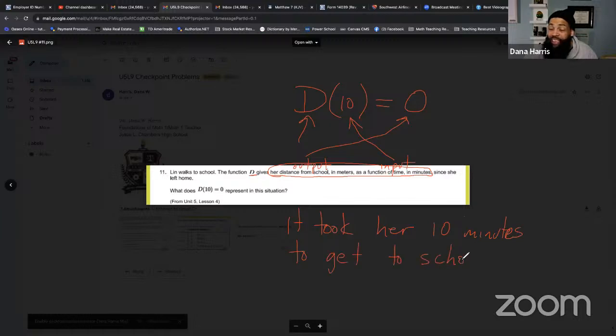Now, we can say this in technical language where we can say something like, after 10 minutes, she arrived at school, something like that. But remember, the 10 represents the time, so that's 10 minutes. And then the 0 represents how far she is from the school. Well, if she's 0 meters away from the school, she's actually at school.